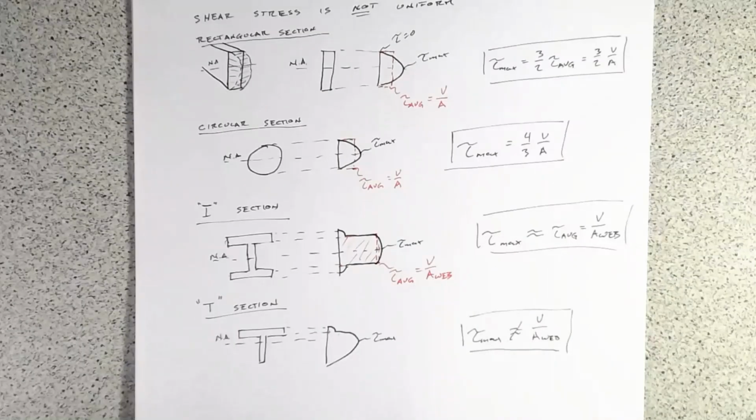So what we're going to do, for a little example, is look at a circular section. It's going to be for bolts in shear. And again, keep in mind that we're going to use V over A, but it's not 100% correct. But oftentimes for bolts, you've got some additional capacity there, and you need something quick for the analysis.